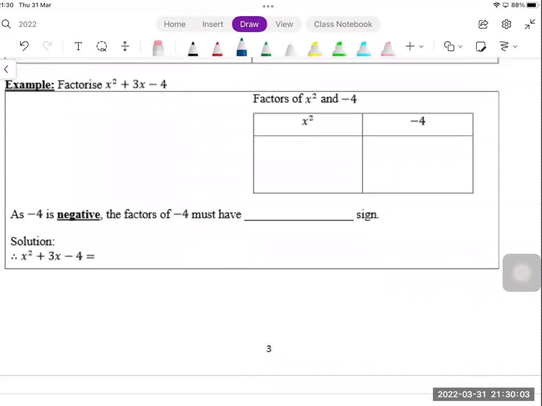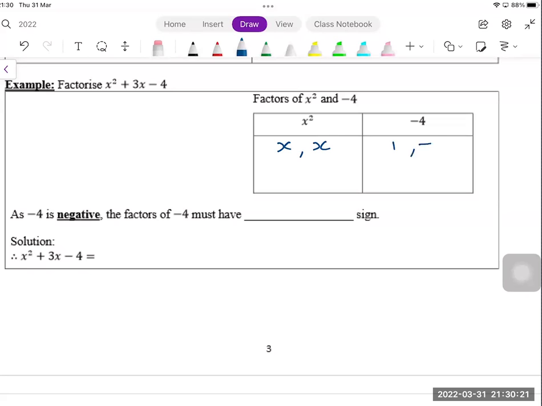I have x squared plus 3x minus 4. This also gives me quite a few different possible combinations in terms of the factors. I know that x squared is still the same, x and x. Negative 4 gives me a few combinations.